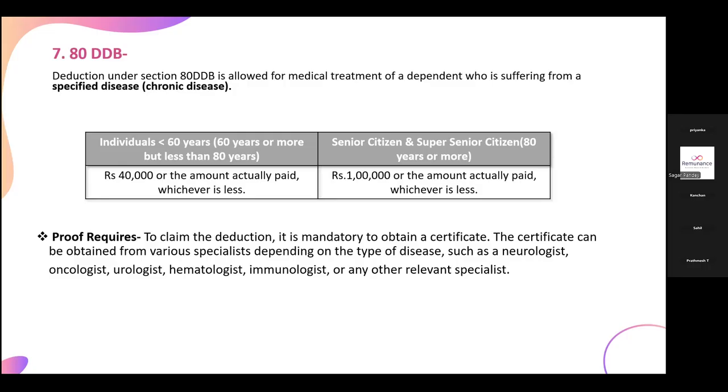And if the age is 80 years or more, you will get exemption up to rupees 1 lakh or the actual amount paid, whichever is less. Here you need to submit one certificate which you will get from the specialist depending on the type of disease, such as neurologist, oncologist, and so on.